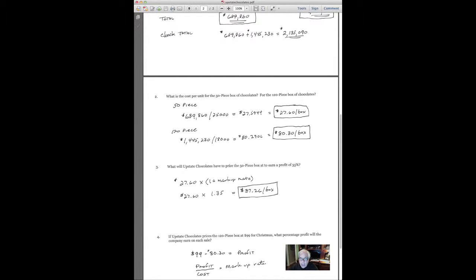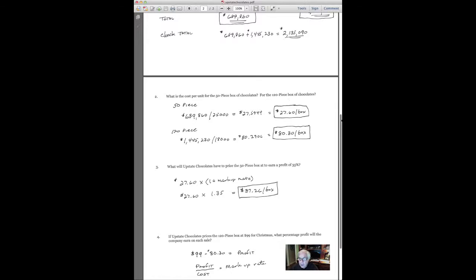If you rounded that to no decimal places, it would have been $28. That's okay too. I'm not that picky. 1,445,230 divided by 18,000 is 80.2906, and again I made that 80.30. If you want to make it $80, 80.3, close enough.